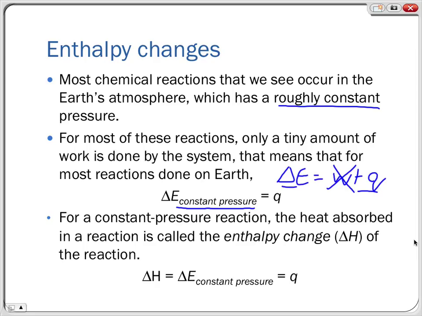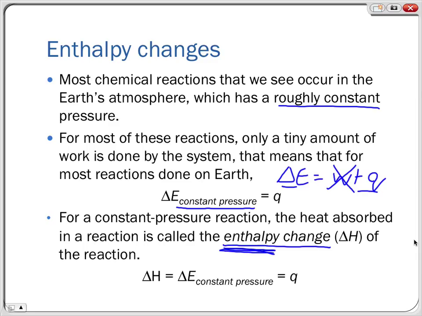For a constant pressure reaction, like the one we're talking about here, the heat absorbed in the reaction has a special name, and it's called the enthalpy change. This word enthalpy is the one we'll be focusing on a lot during this section. It comes from a root word that means heat, but we're going to use the word enthalpy just to be precise with our terminology.